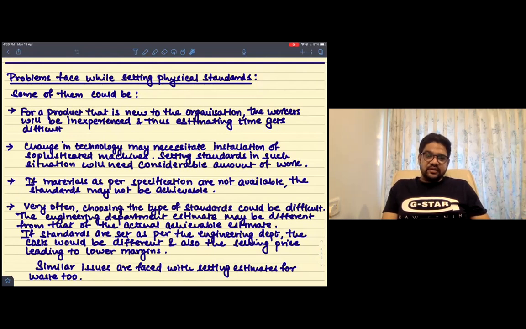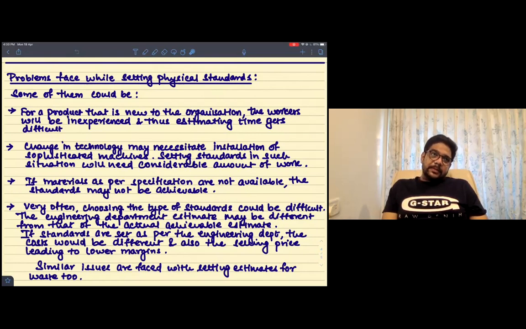The time variances and the time standards have human elements involved, and whenever there's a new product, there's a fair possibility that the workers may be inexperienced, and the estimation may get a little difficult as to how much time it will actually take. Also, while setting up the quantity variance, if you're not getting the material that you've asked for, then again the quantity standards could go wrong.